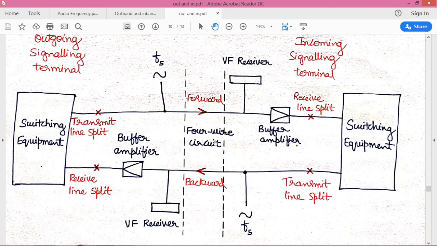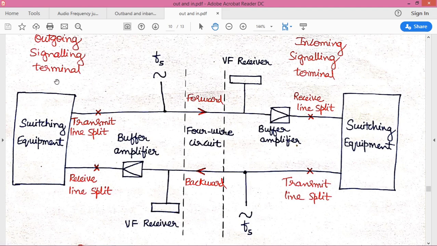Through this 4-wire circuit, we used to have a continuous tone signal being transferred in both directions with the help of this frequency generator. That is, a tone signal or control signal will be continuously transferred in both directions when the system is in idle state.